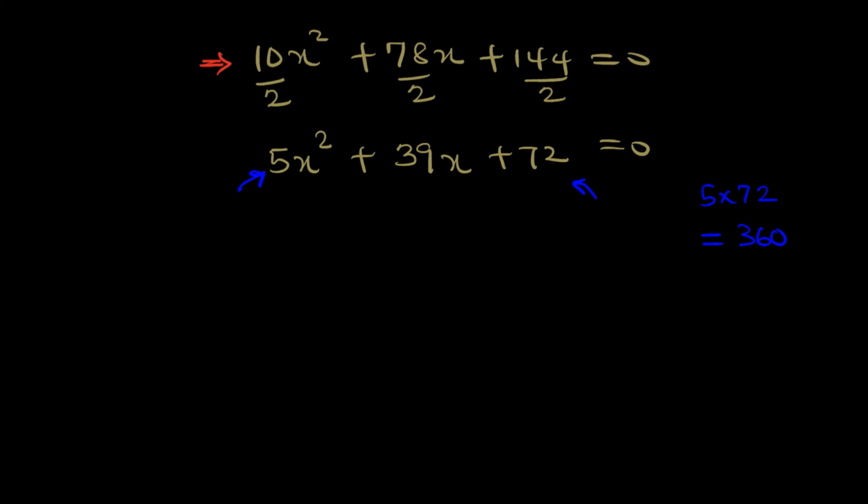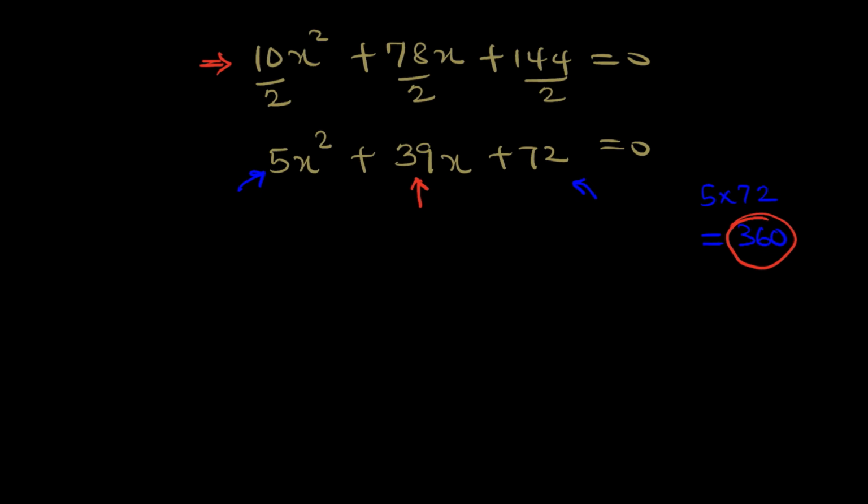So we also want to look for the products of any of the factors of 360. We want to look for two factors of 360 such that when we add it together gives us 39.